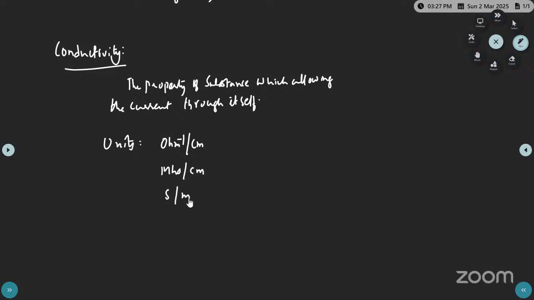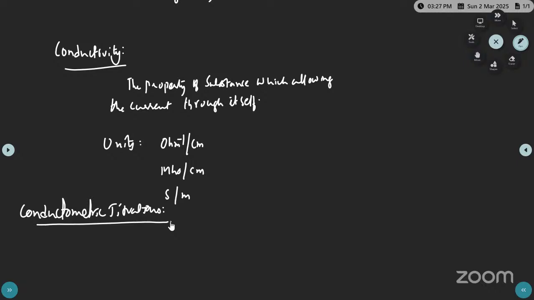Next, conductometric titrations. What is a conductometric titration?